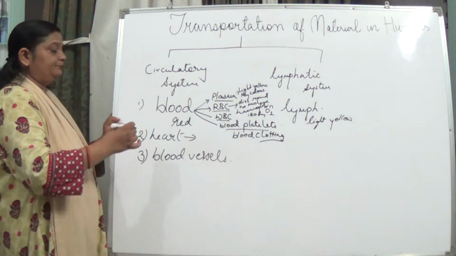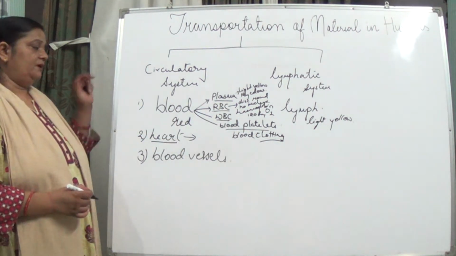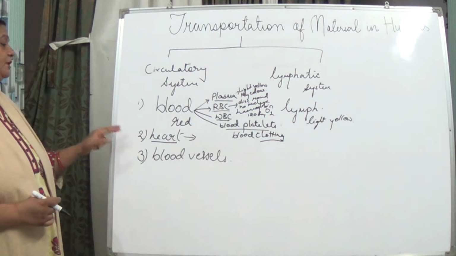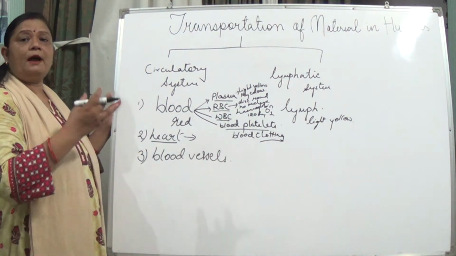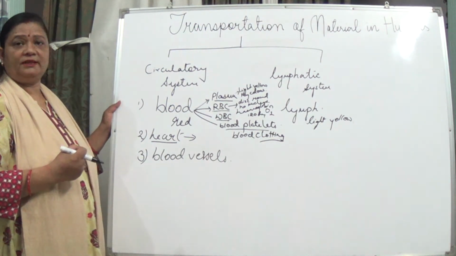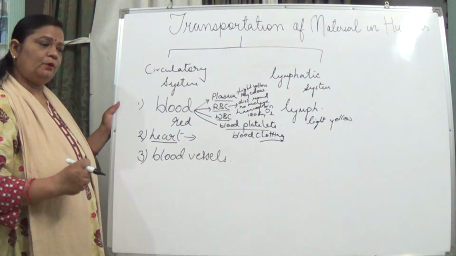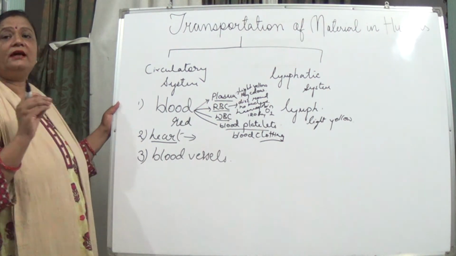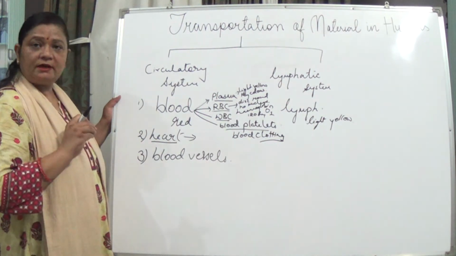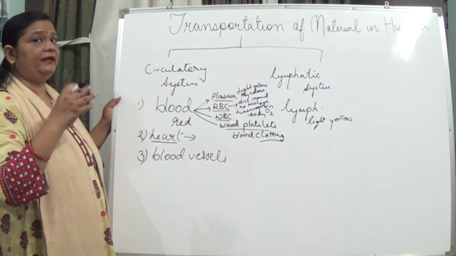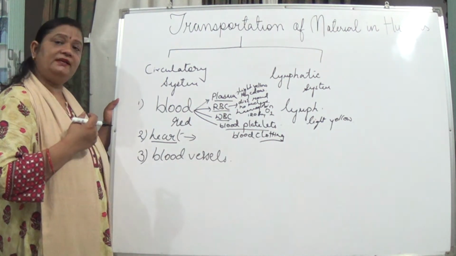Now, heart. The next part of the circulatory system is the heart. So what does this heart actually do? The oxygenated blood which comes from the lungs is pumped to all the body parts, where it oxidizes the digested food. And what is produced? ATP and carbon dioxide. ATP is used by us, and carbon dioxide is released out.